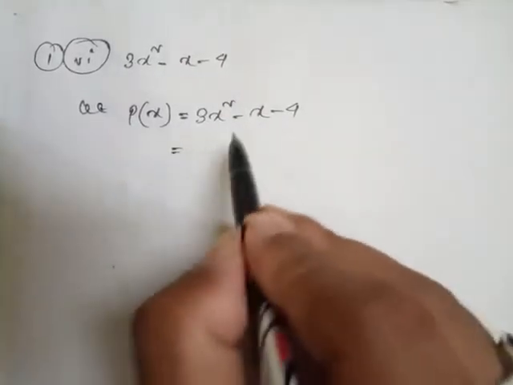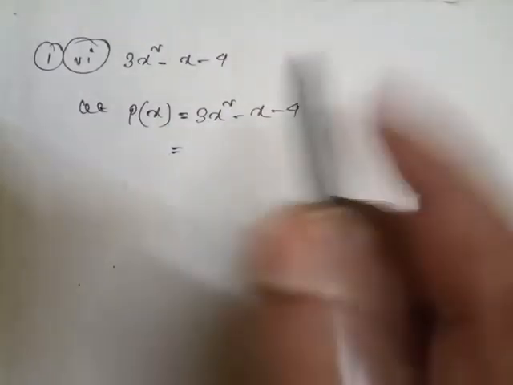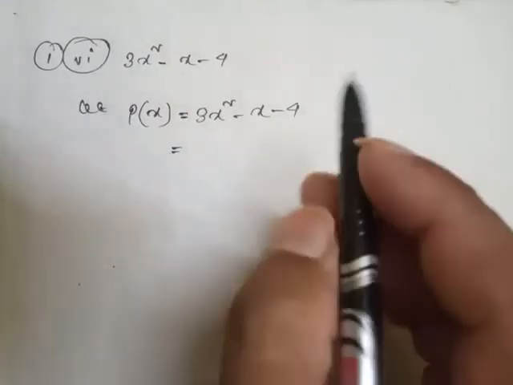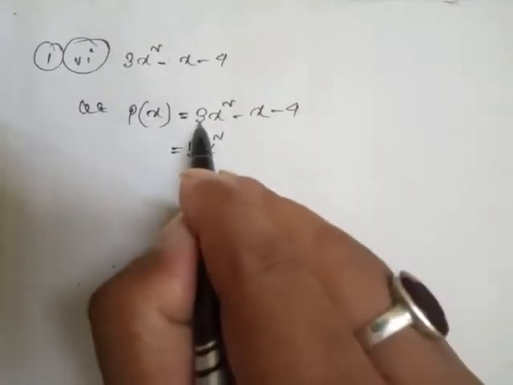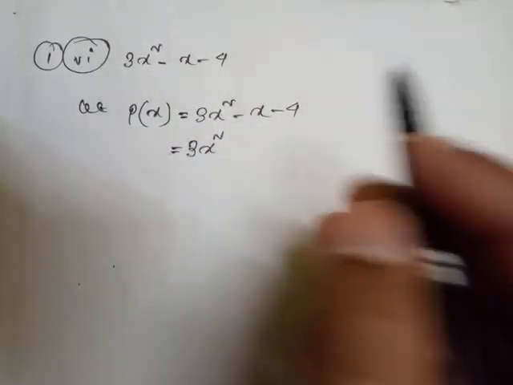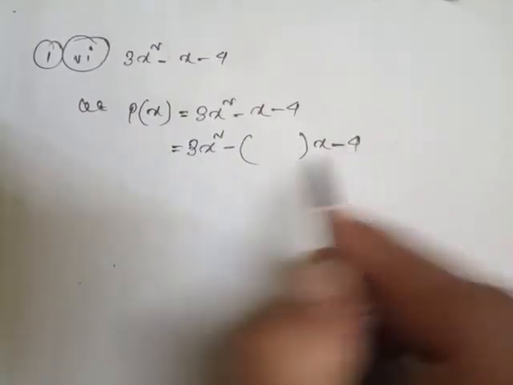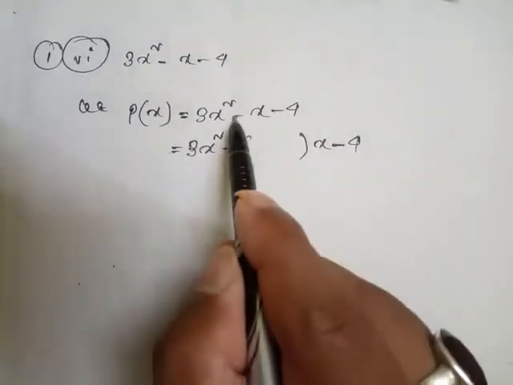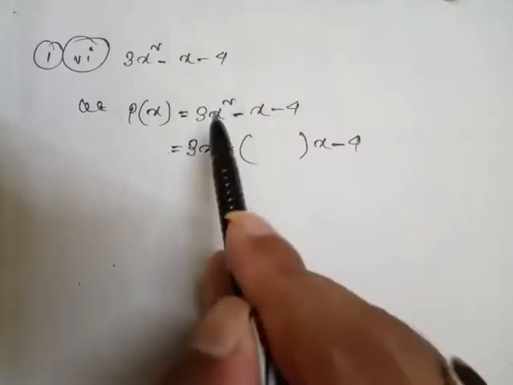Now look here, since there are three terms, it is a quadratic polynomial, so we can apply the middle term factorization. Now look, 3x square, now there is 3 and 4, 3 fours are 12. So I will write the digits in such a way that if we subtract or add we'll get 1 here, or if we multiply we'll get minus 12.